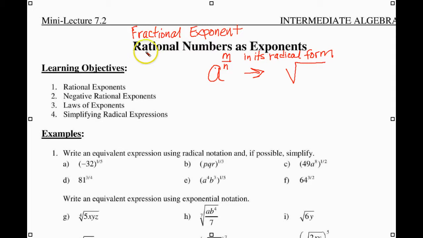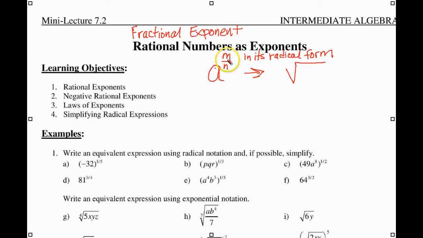Now we said, what word can we use to substitute for rational often? And the answer is fractional. So we're going to be dealing with exponents that are fractions, and we can think of them written in this form.